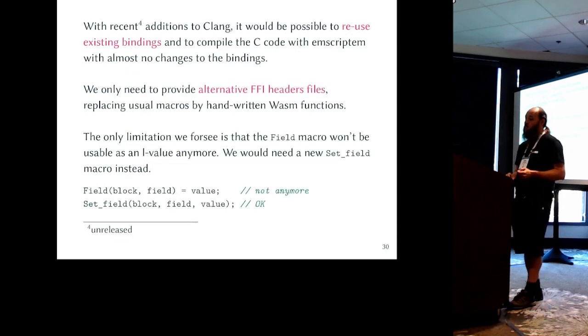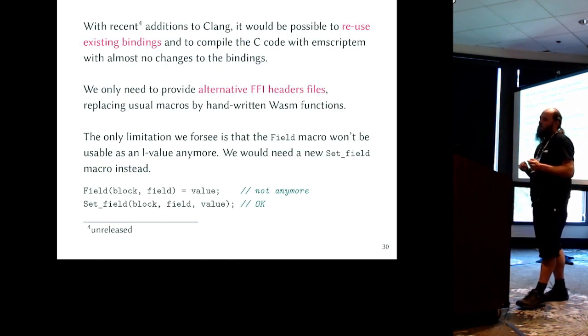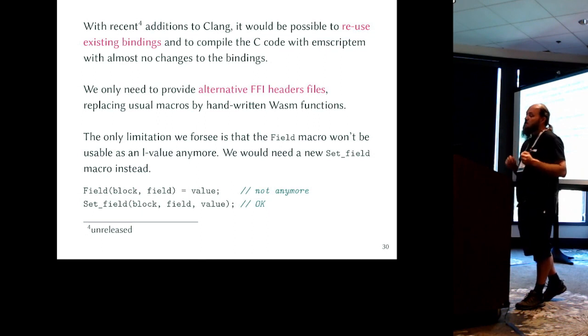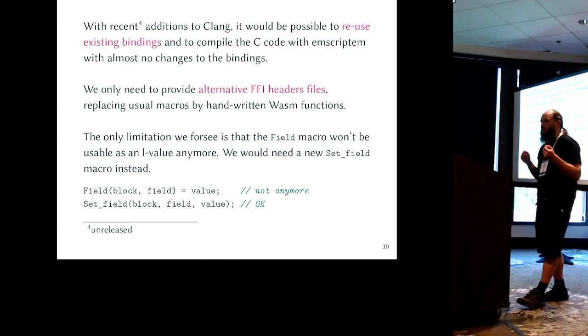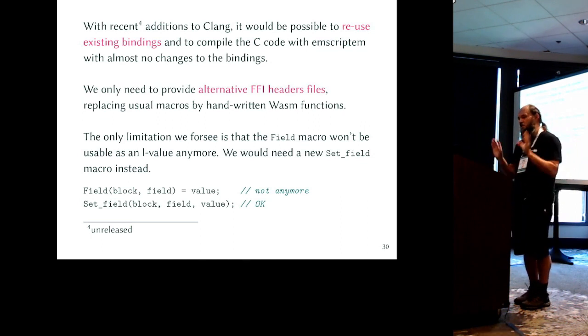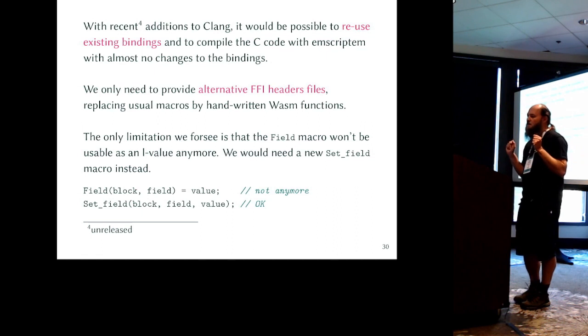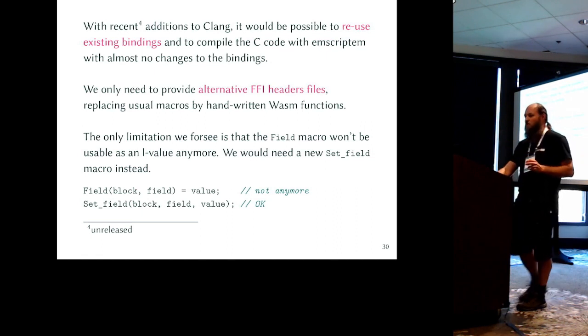Otherwise, you can hack things to get C compiled to WebAssembly and use that. We think that recently there were changes in Clang that allow using externref. That's still unreleased, but it's probably going to be possible to just compile that, change a bit the header file that you use to compile your OCaml C code, and that's just going to work without too much trouble. Just changing a bit because the field access is not going to be an L-value anymore.